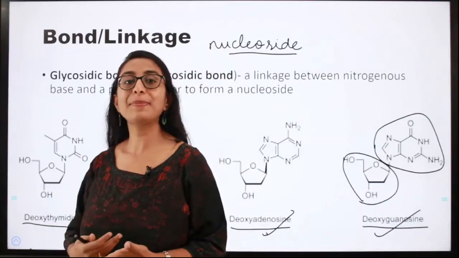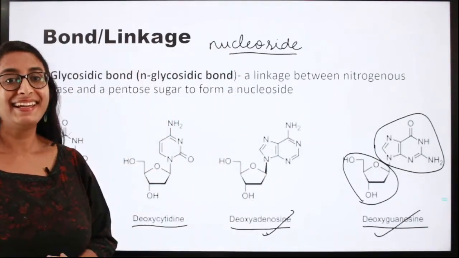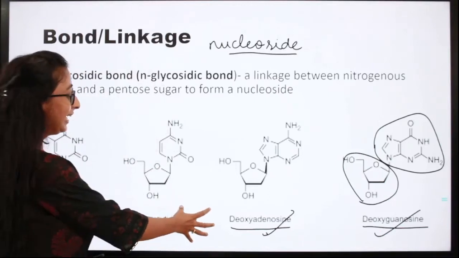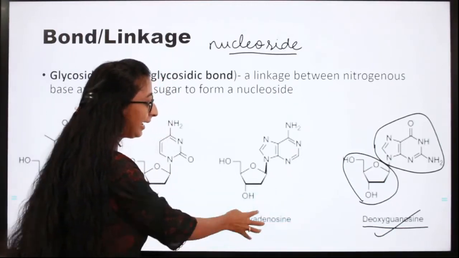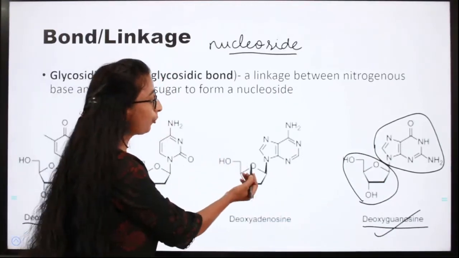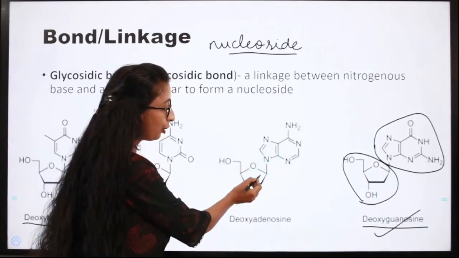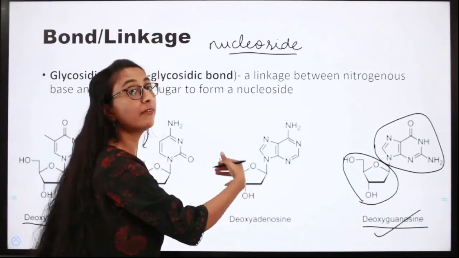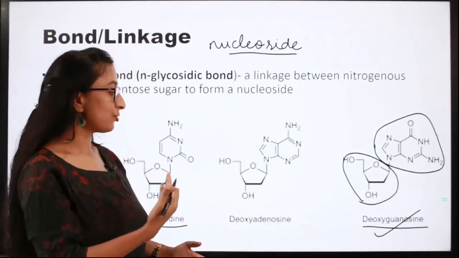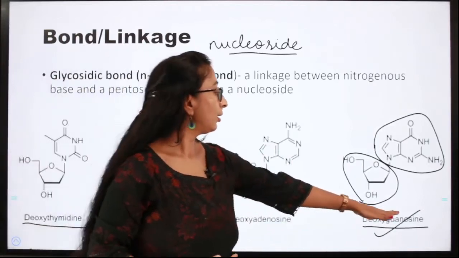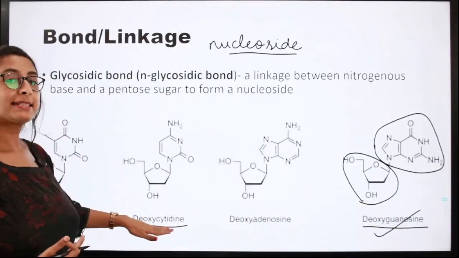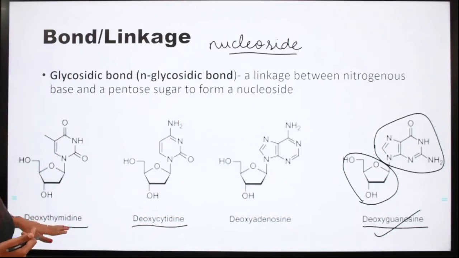So what happens in the case of RNA? In RNA, instead of deoxyribose sugar, we have ribose sugar, which gives rise to adenosine, guanosine, cytidine, and in the place of thymine we have uridine.